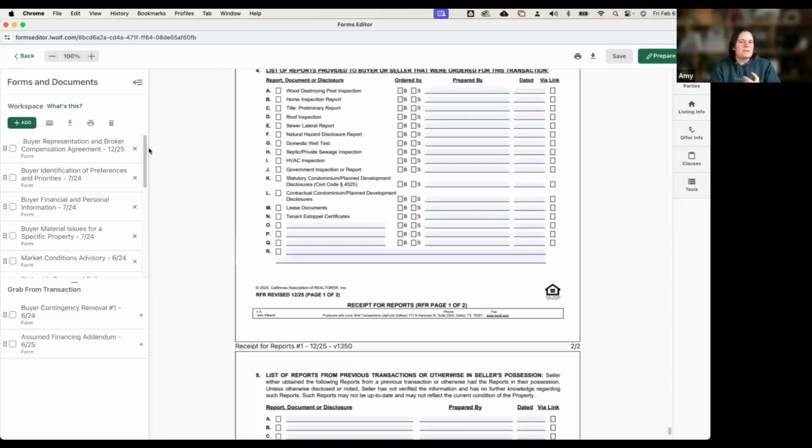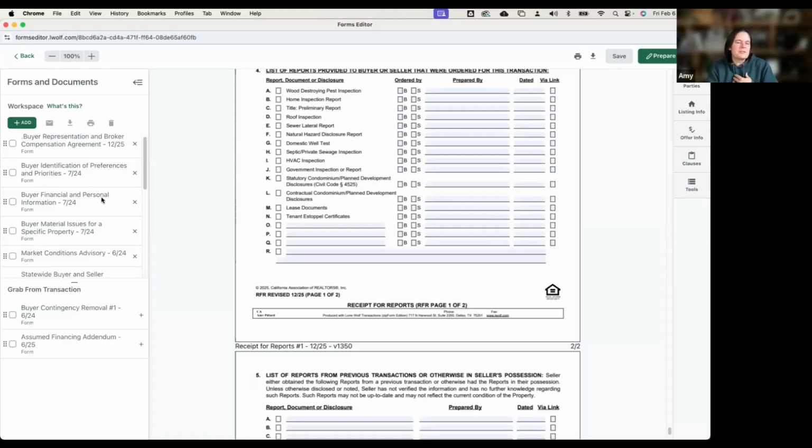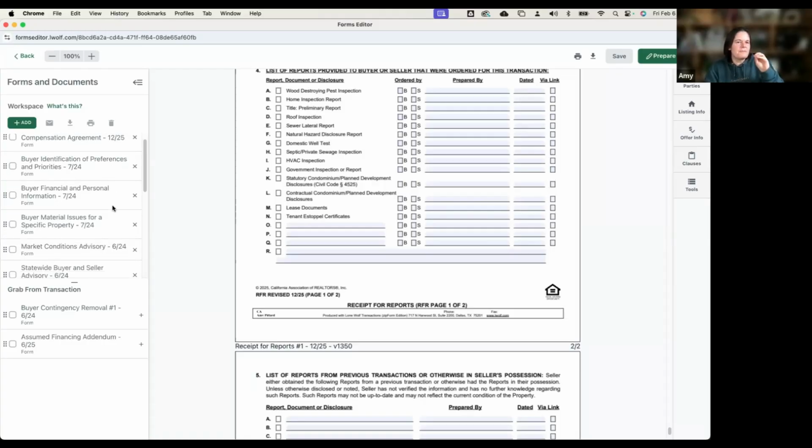Along with that, I would provide the buyer identification of preferences and priorities form, along with the buyer financial and personal information. Those two forms are referenced directly in that BRBC. So I like to include them as part of that. Or we would go over that information during our buyer consultation and have them sign that, yep, that's what I'm looking for. That's where the money's coming from.